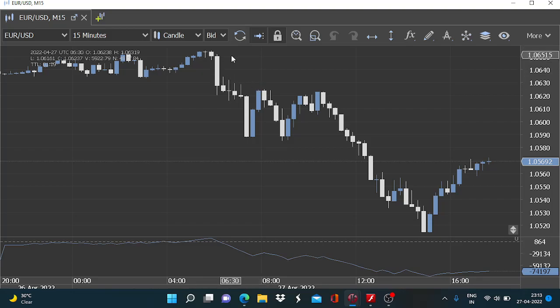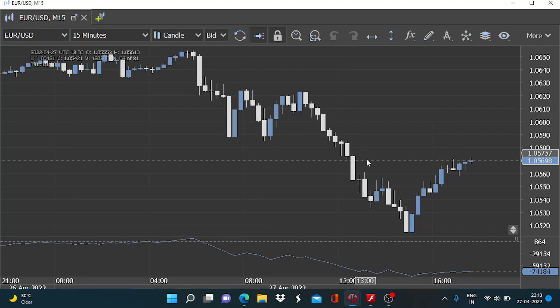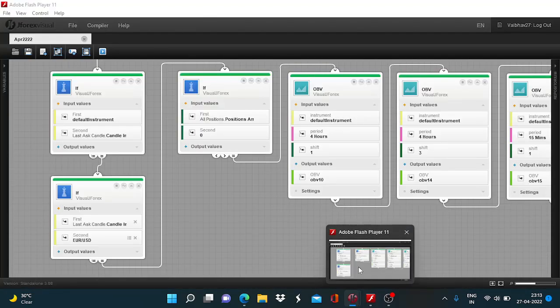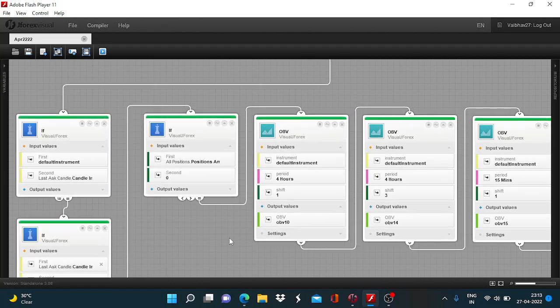Only if the price starts to decline later on, the execution should happen. So we will be going with the order validity of 2 hours, and we will have the order placed on the lower side, and that will be determined by taking into consideration the difference between the two 15-minute candles of the Euro USD. So let me now get you back to the Visual JForex board.